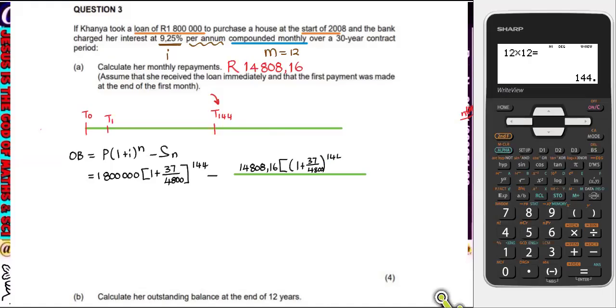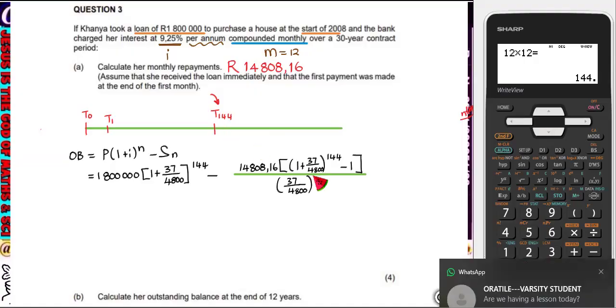We only changed the number, and it was minus the 1. Close the brackets, and at the bottom it's 37 over 4,800. That gives us our outstanding balance.